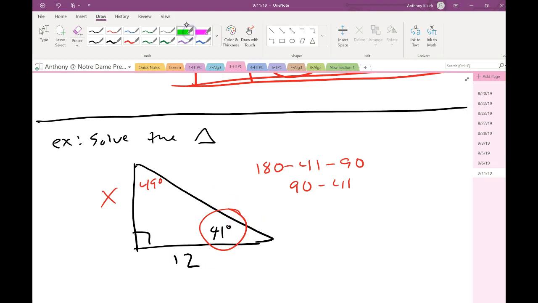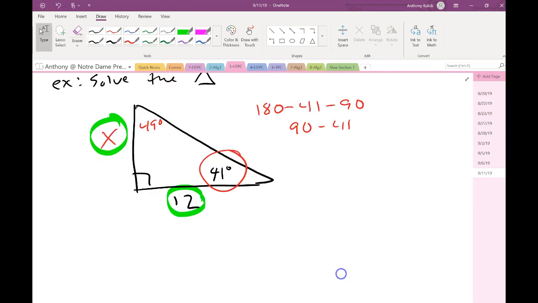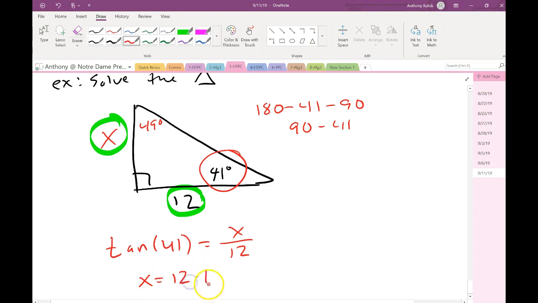So relative to 41, we're looking for the opposite side, and we know the adjacent side. Which trig function should I use? Tangent, because tangent is opposite over adjacent. So to solve for x, I can just multiply both sides and get that x is 12 times tan 41.